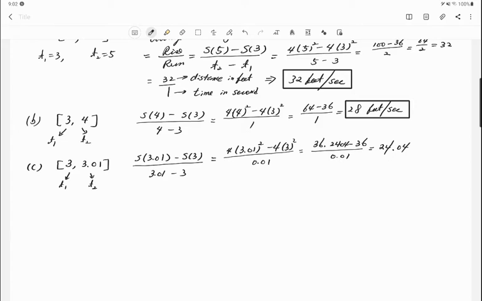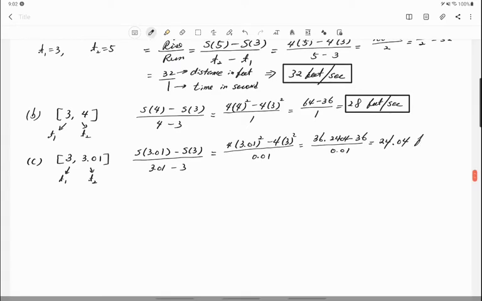All right. So the average speed between 3 seconds and 3.01 seconds, actually this is almost at 3 seconds, right? Then the speed is 24 feet per second. That's the speed.